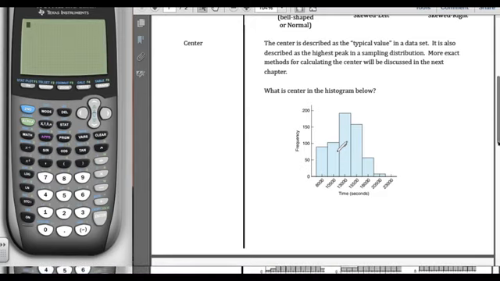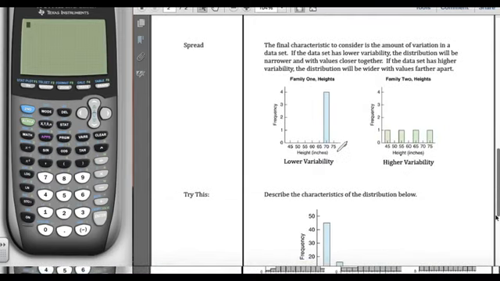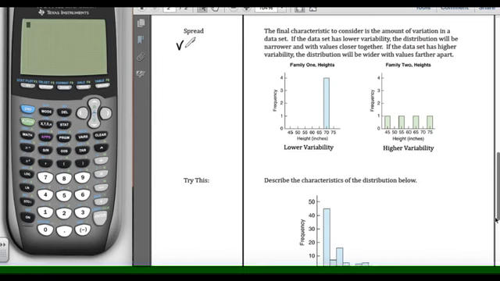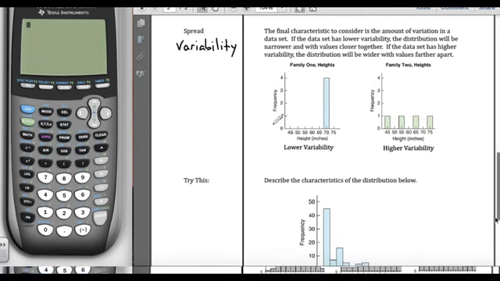And that's also true with this final characteristic, the spread. The spread can be known as the variability of our data set. Spread and variability I'll use interchangeably. But we want to consider the amount of variation in our data set.